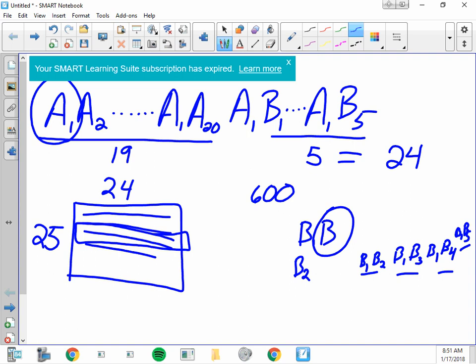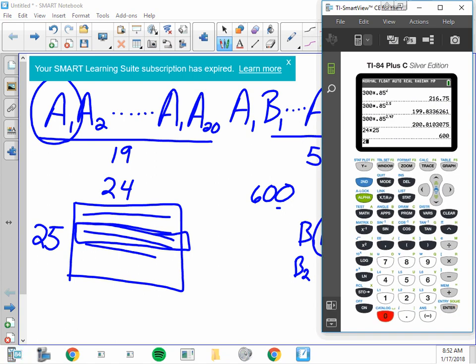Okay, so that's 4. And then how many times do we do that? 5 for every B. Now that's 20. So 20 divided by 600 should be our answer. And I end up with 3.3%. Now, that was way hard, right? There's got to be an easier way.